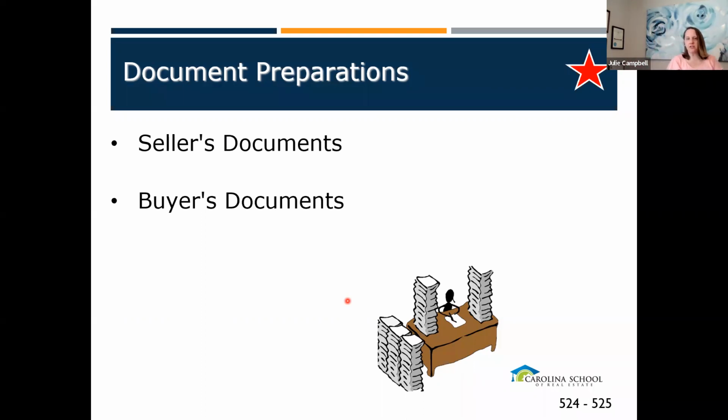Property insurance information. Again, we're securing that during due diligence, but the lender wants verification that a policy is in place. Wood destroying or pest inspection report, only required for a VA loan. And then the survey, if the buyer has one done.